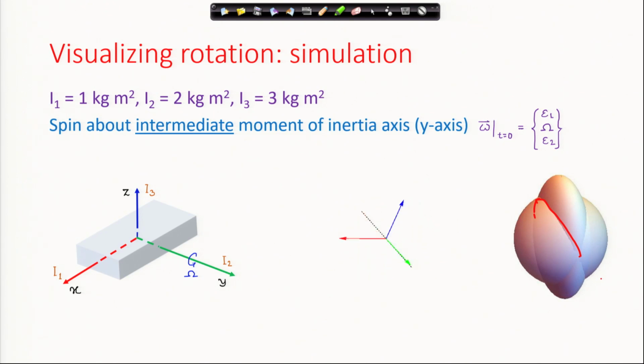And this is a very interesting behavior. You can always see that this is the direction of the angular momentum. When it goes to the other side also, the spin is this way. When this comes back again, you will again notice that the spin is counterclockwise as seen from the front.